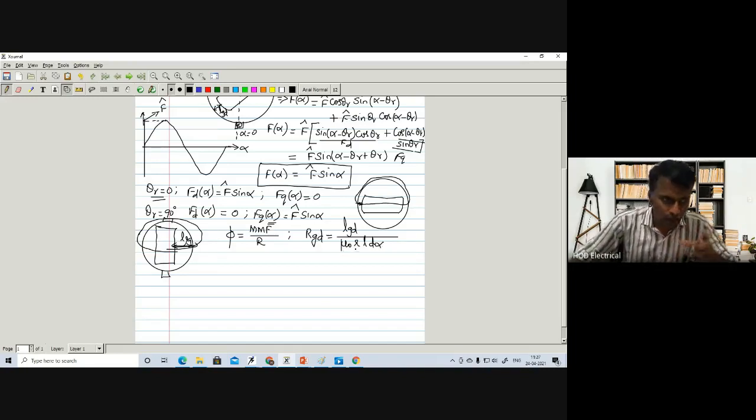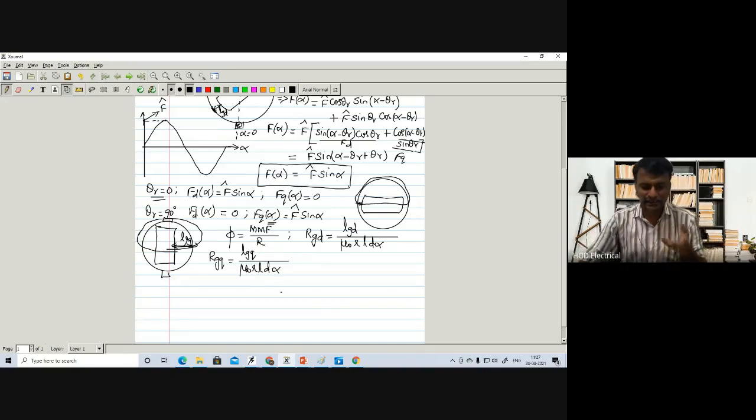Similarly, the reluctance due to the quadrature axis is LGQ divided by mu naught R L d alpha.